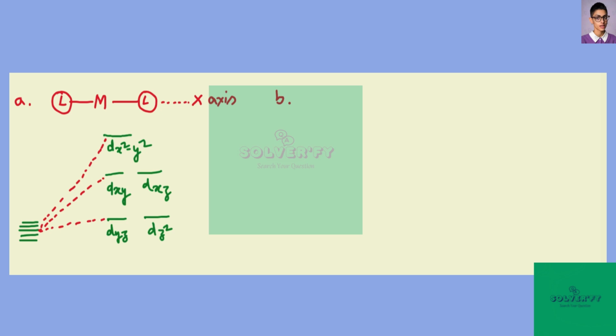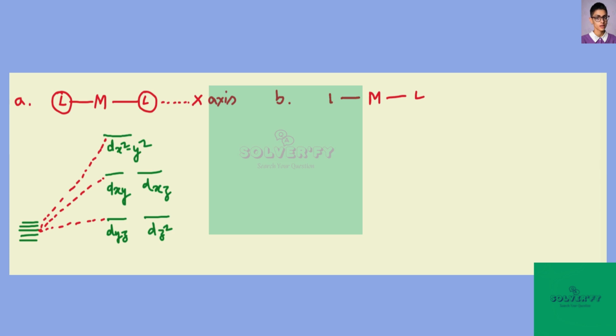Now come to B. In B, it is said to draw the d orbital diagram for a linear complex with ligands on the y-axis. So it should be M, the metal atom, at the center, with a ligand on one side and another ligand on the second side.